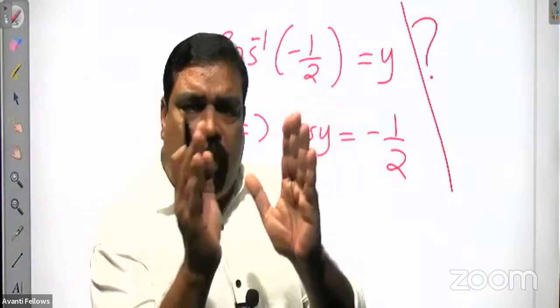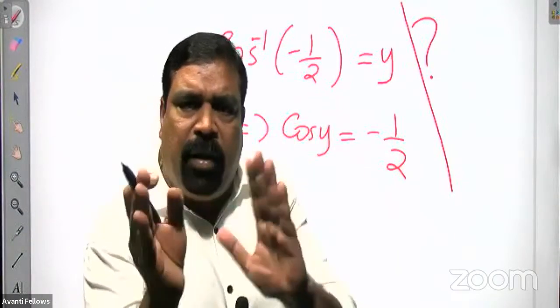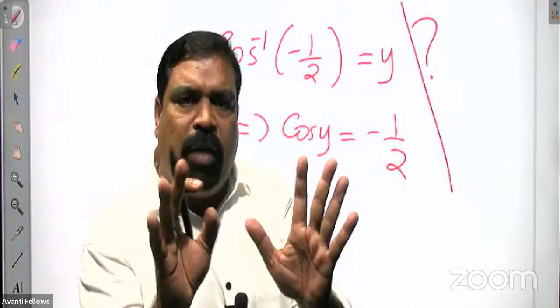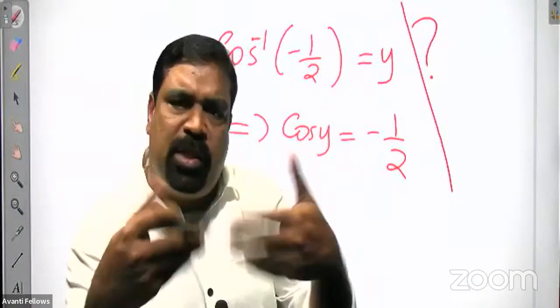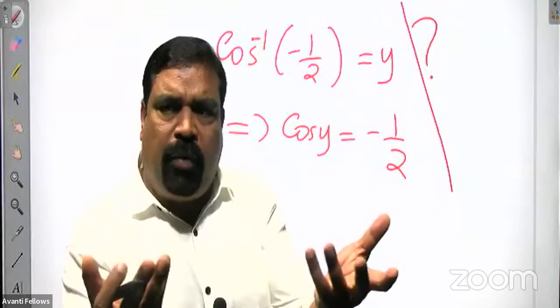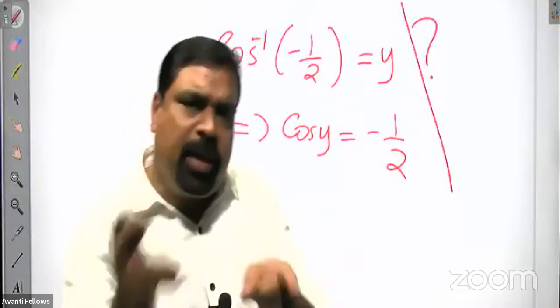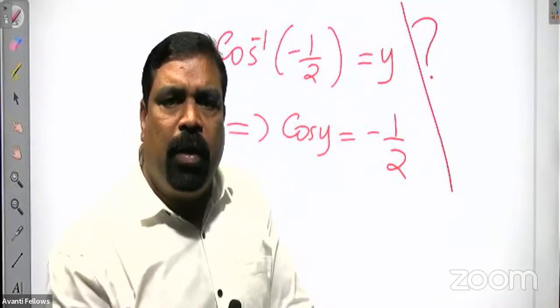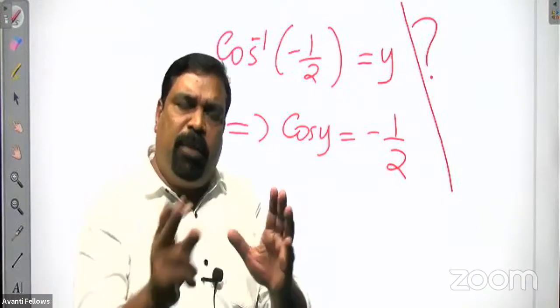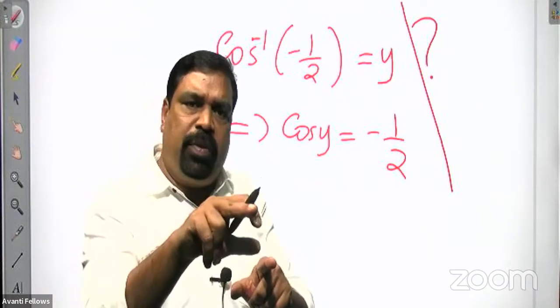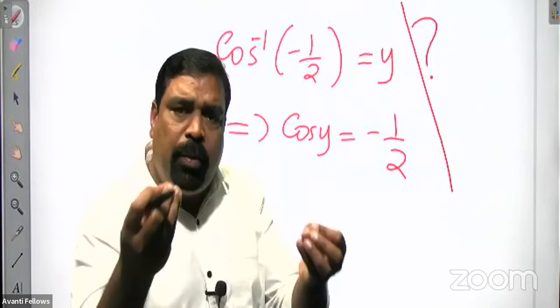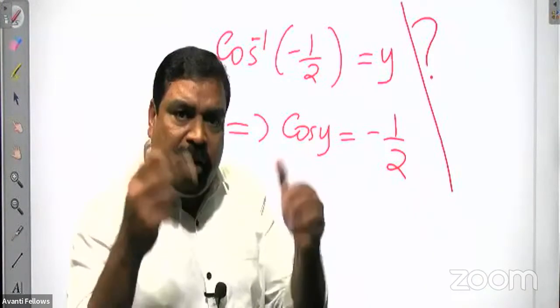That means the first and second quadrant. Okay. And we know that in the first quadrant cos is positive only. We will not get negative. Then definitely the value must be in the second quadrant. No? Cos x is negative means it must be in the second quadrant only. So we have to search for a value in the second quadrant. In that way, you have to think.